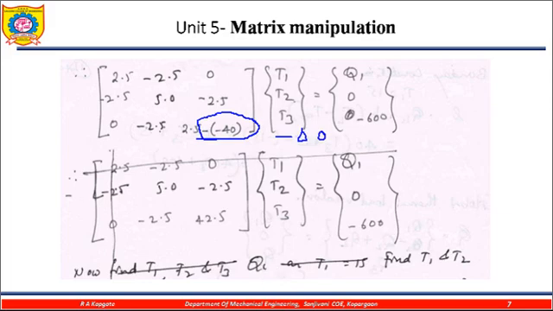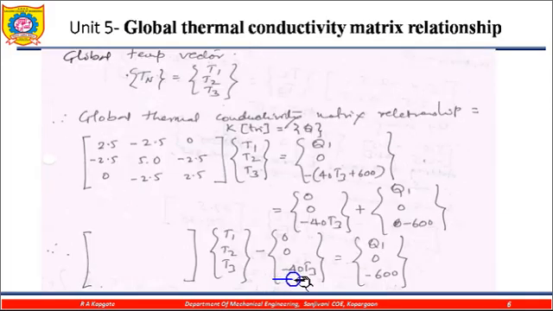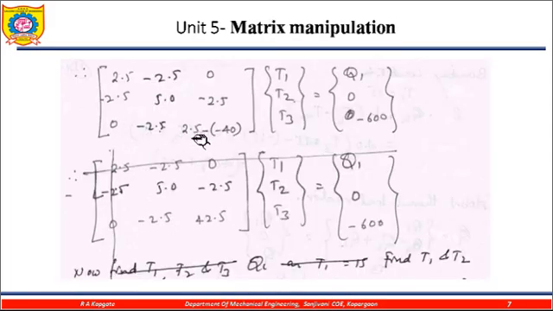See here what is given, this is the minus 40, so this minus also comes here, and T3 is manipulated here.